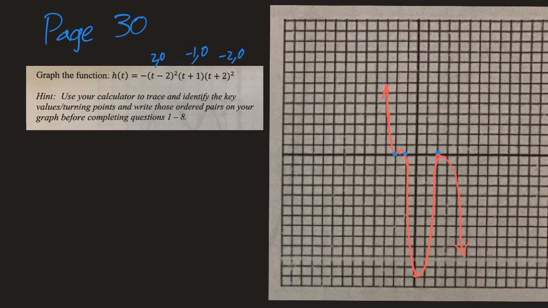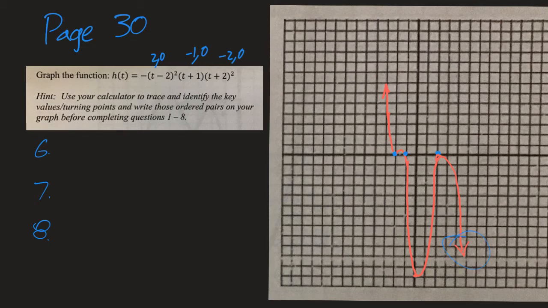Okay, now 6, 7, and 8 ask you for some questions about the absolute minimum of the graph. And these are actually kind of a trick question, because look at these downward arrows. Are those going to mean something about my absolute minimum? Well, yes, definitely.